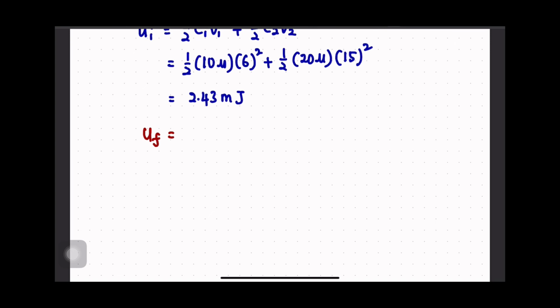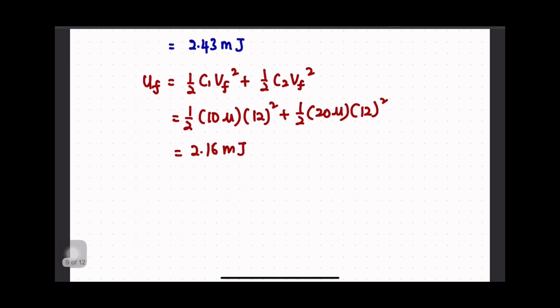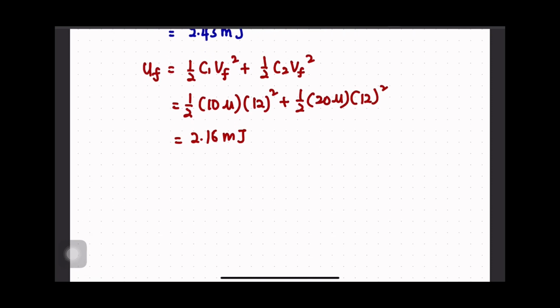Okay, how about U final? U final is equal to half C1V final power of 2 plus half C2V final power of 2. So half 10 micro, V final is 12 power of 2, plus half 20 micro times 12 power of 2. Okay, so we get 2.16 millijoule. And then energy loss is U final minus U initial.